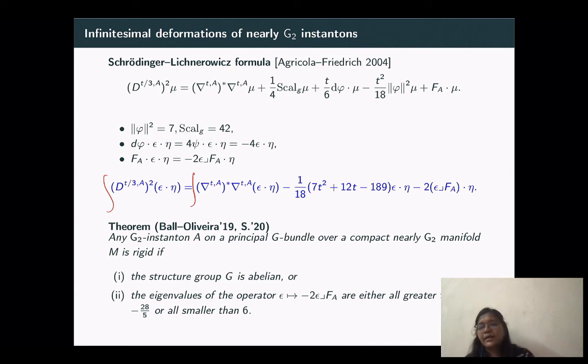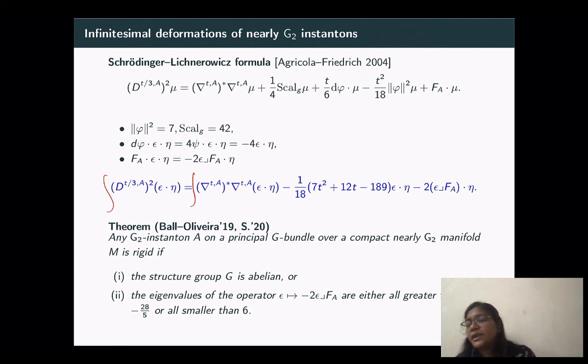If epsilon is an infinitesimal deformation, then we know that the left hand side has to be a scalar multiple of epsilon dot eta. The right hand side we can compute, and then we can show by a positivity argument that epsilon must be 0, so the instanton A must be rigid, if the Lie group G is abelian.